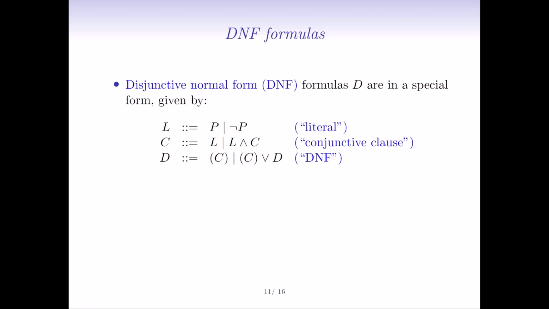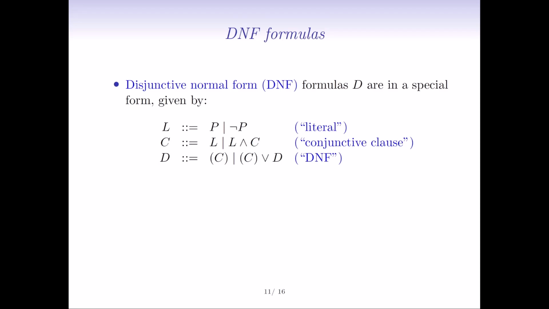Notice by the way that I'm not putting brackets around these conjunctions here, because by the associativity law of conjunctions, if I write literal and literal and literal, then it's unambiguous even if I don't bracket them.